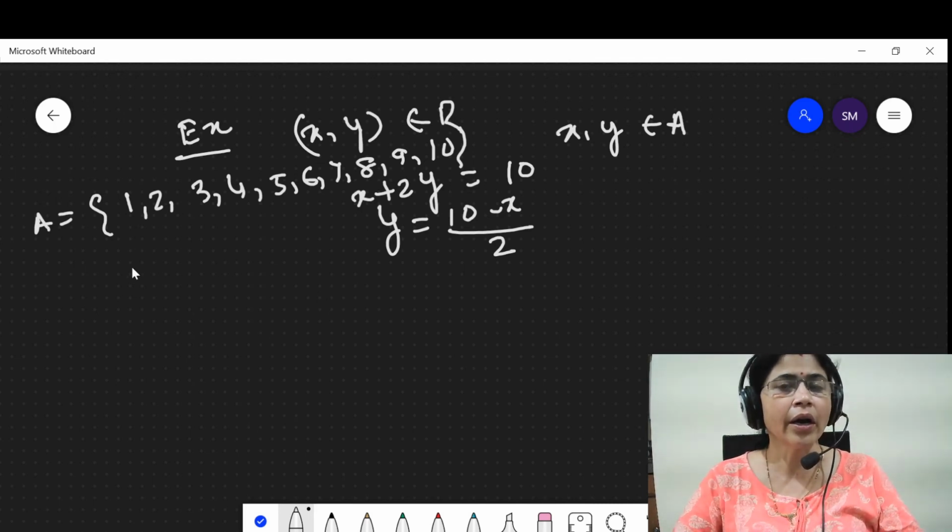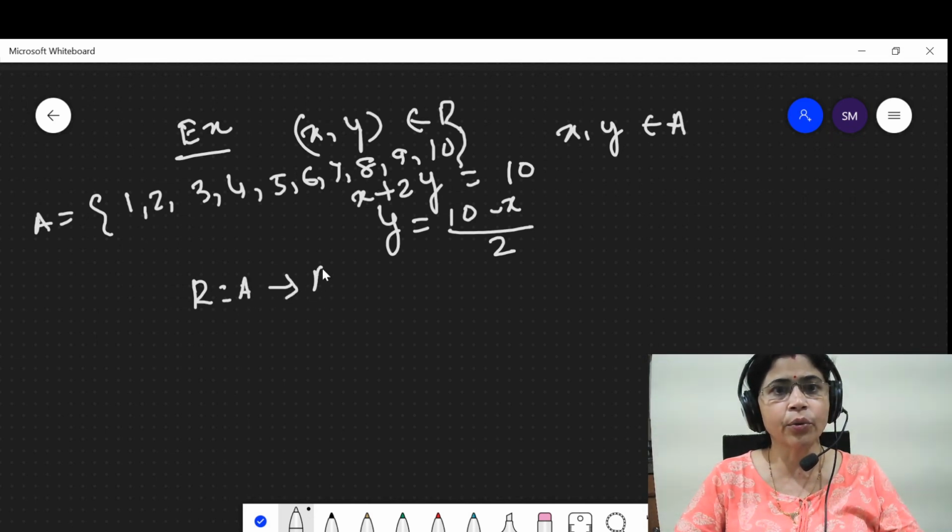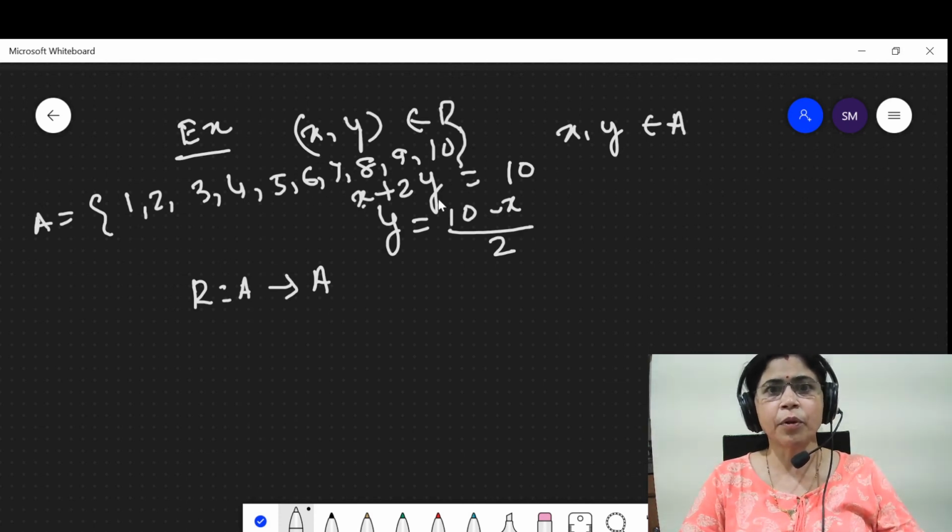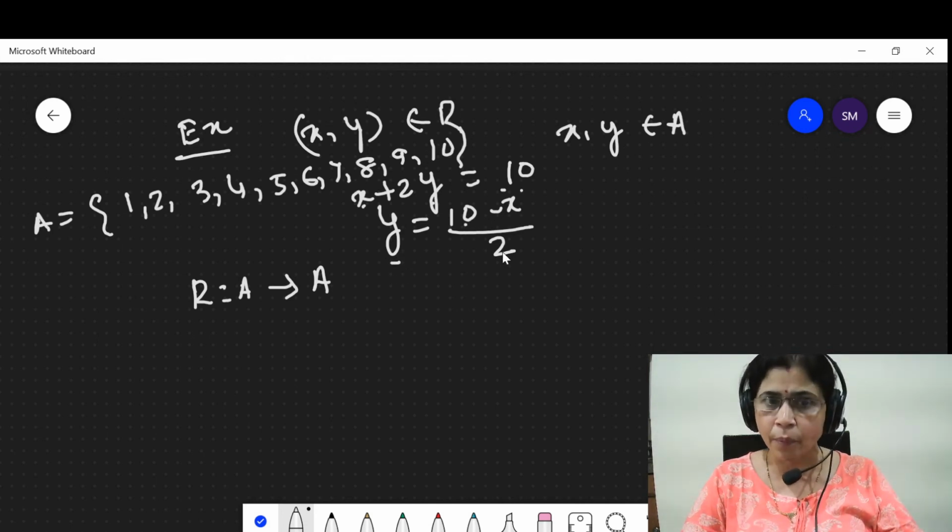Then here R is the relation from A to A itself, where x plus 2y is equal to 10. This means y is equal to (10 minus x) upon 2.